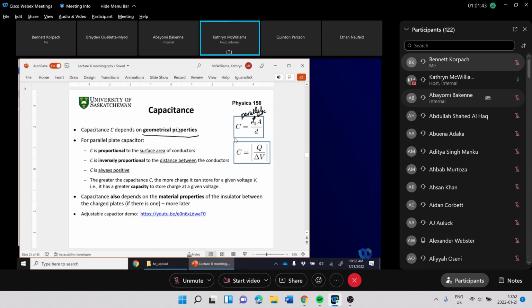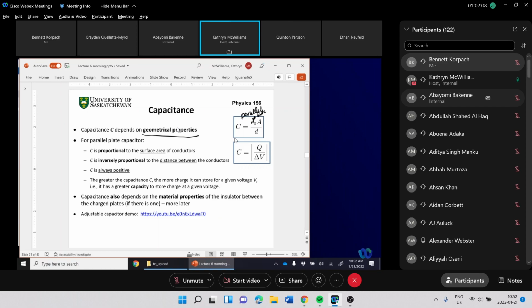We don't care really which plate has which sign of charge. Okay, so if the size of the capacitor goes up, the capacitance goes up. If the distance between the plates goes up, the capacitance goes down. If the plates are moved closer together, if D gets smaller, then that right-hand fraction becomes larger and C gets larger. So if the plates get closer together, C goes up.